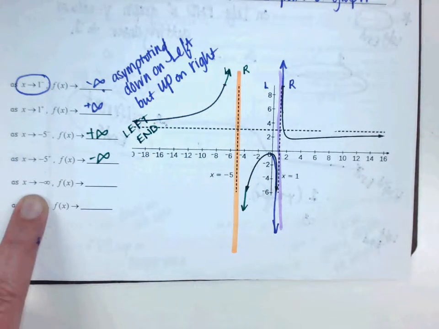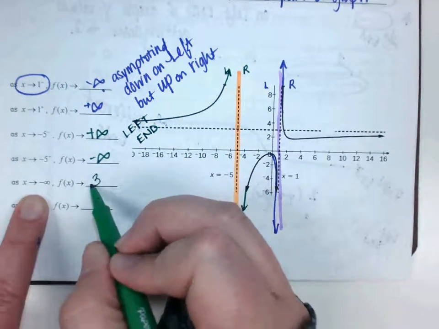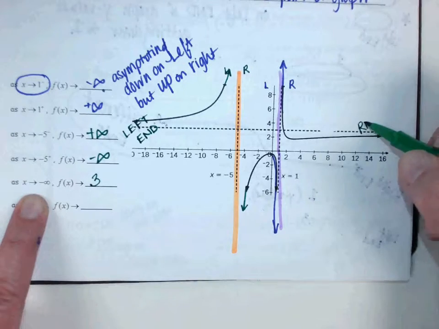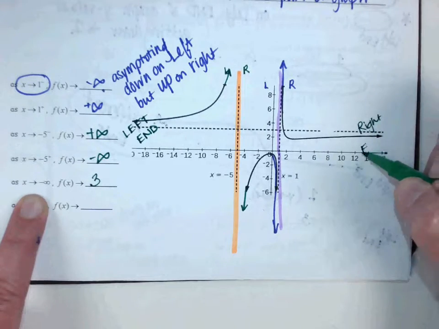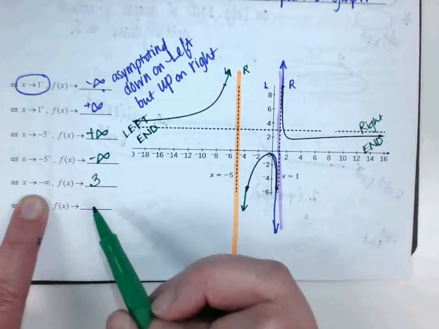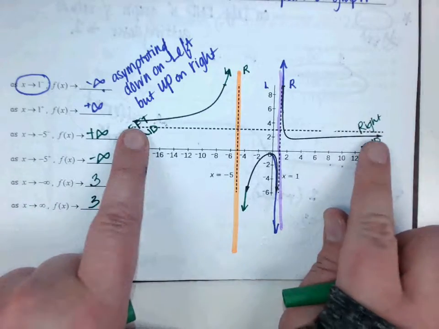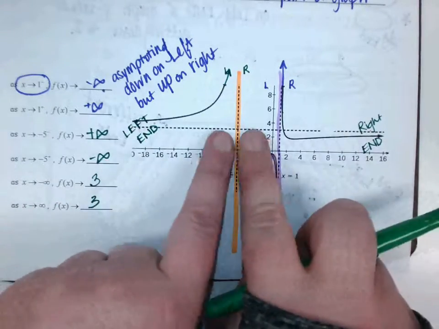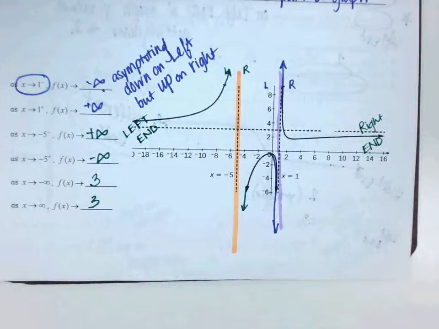What y value? 3. What about on the right end? What is it on that side? 3. Because remember, what's it getting closer to? My little horizontal asymptote. So remember, you can have the same asymptote on both sides, or they can be different. It's up to the graph.